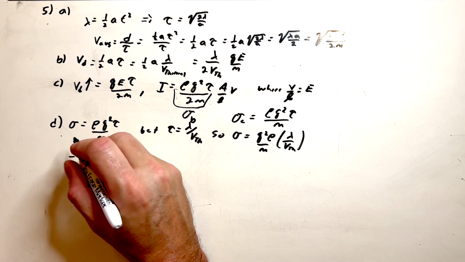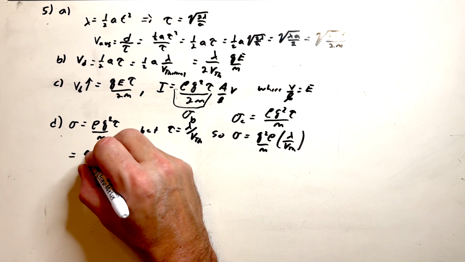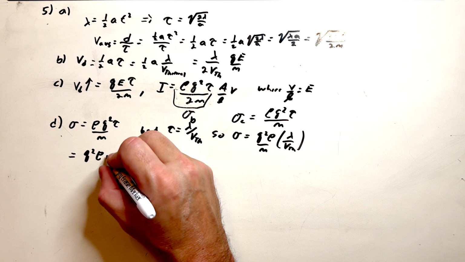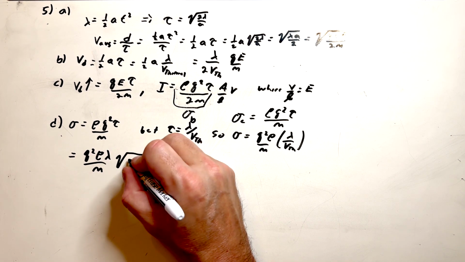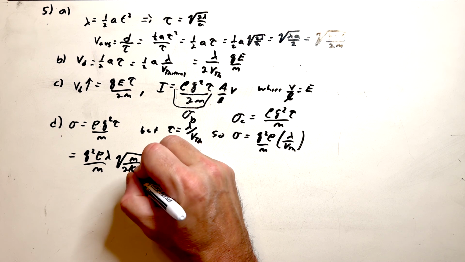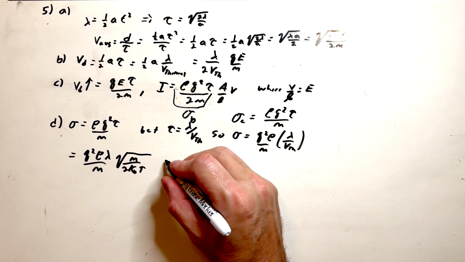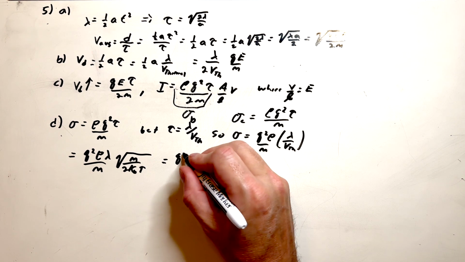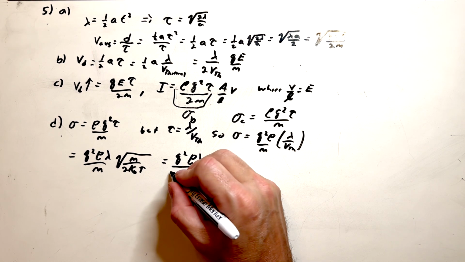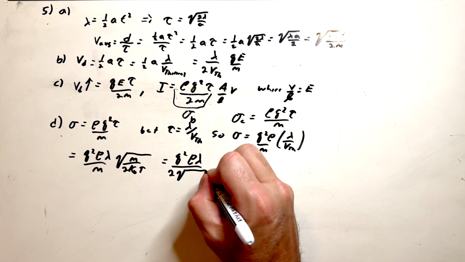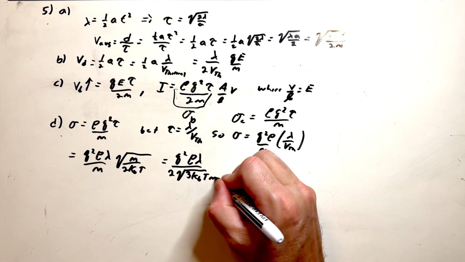And we can now substitute in for V thermal this expression with the Boltzmann constant, so we'll get q squared rho lambda over m times the square root of m over 3 k sub b times t. And this is equal to q squared times rho lambda over, we'll just simplify it a little bit, the square root of 3 k sub b t times m.